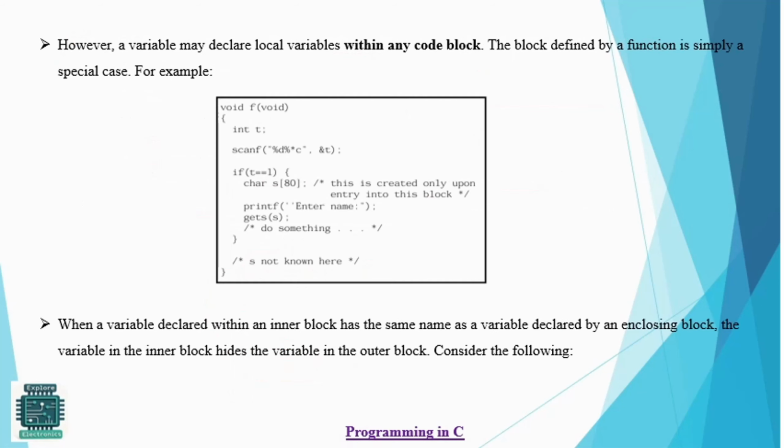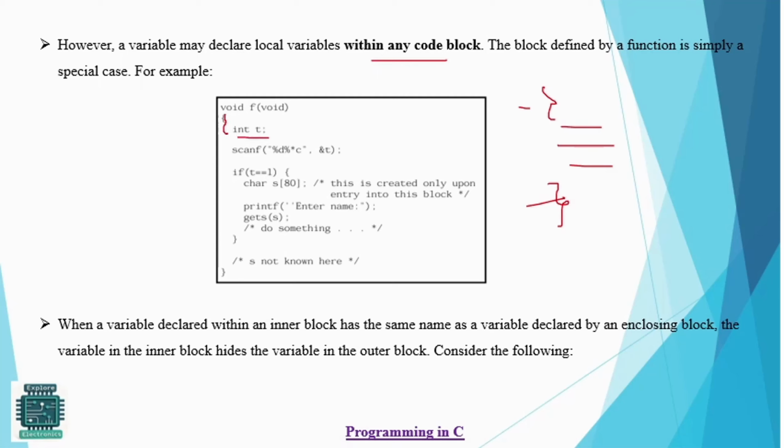Next, a programmer may declare local variables within any code block. One code block is nothing but, let us consider this is the opening brace, I've written some code over here, and this is the closing brace. This is considered as one code block. Now, the block defined by a function is simply a special case. For example, a function starts from here.